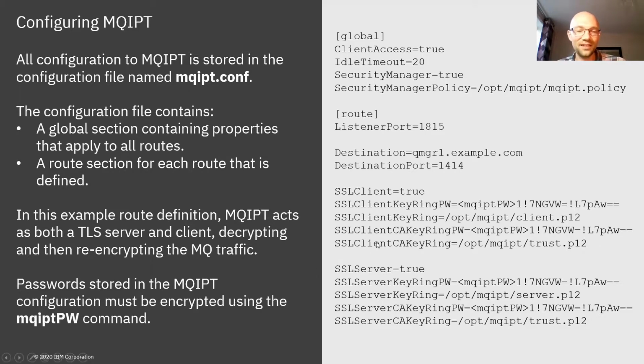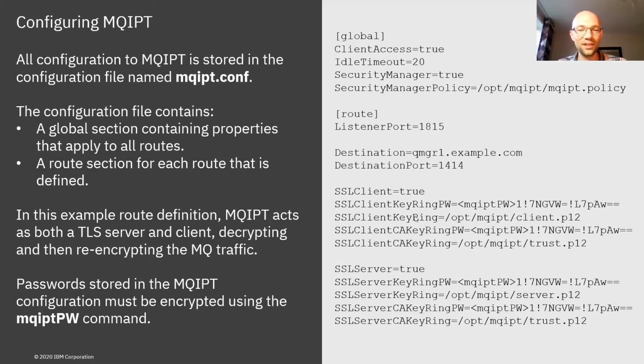Now you'll see down in the route definition where we have the SSL client and the SSL server properties, that we have keyrings that are configured for the route. So MQIPT will need to have TLS certificates that it uses when it's connecting as a client to the queue manager, or to identify itself when it's receiving connections from a client. That's when it's acting as a TLS server, and those certificates need to be stored in keyrings. So MQIPT needs to have keyrings, and it also needs to have the passwords for those keyrings stored in its configuration.